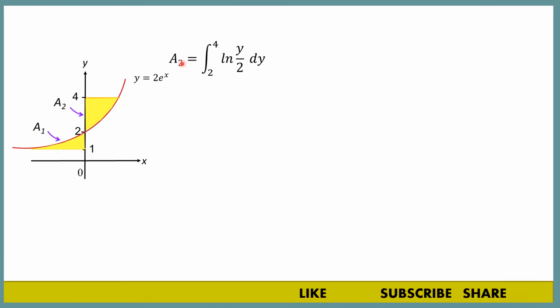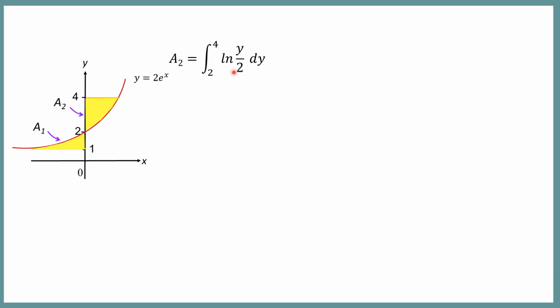To find the area of A2, we integrate the same function ln(y/2). The only difference is the limits, that is from y equals 2 to y equals 4. Thus, integrating, we use the same integral as A1. We have y ln(y/2) minus the integral of 1 from y equals 2 to y equals 4.